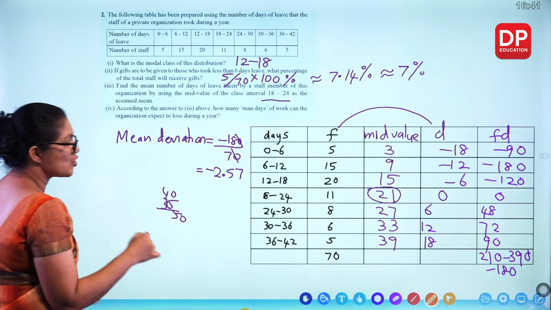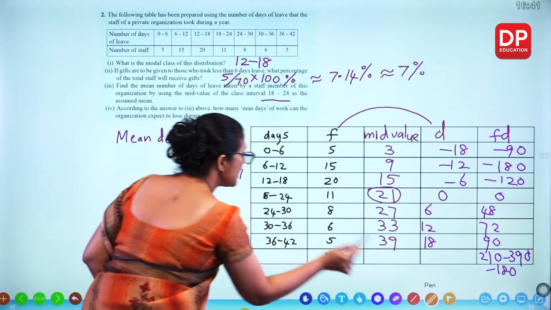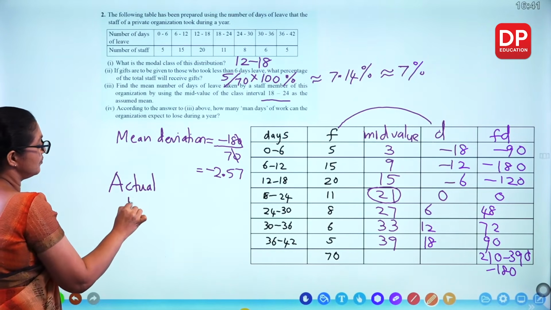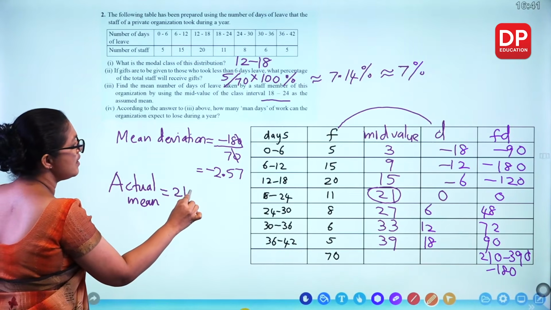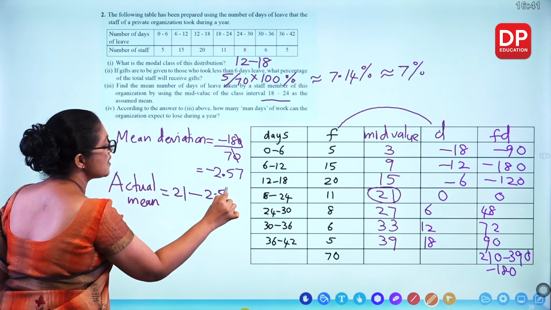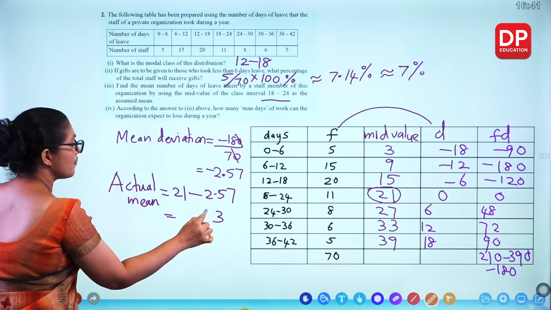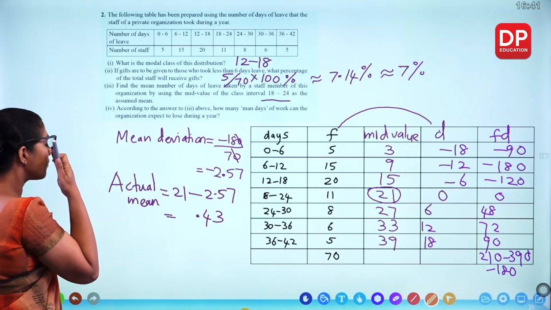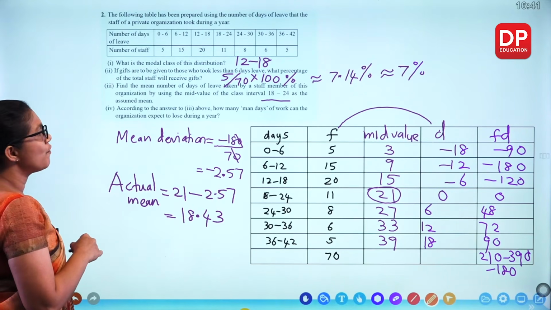Now what's the actual mean? Actual mean is the assumed mean 21, add the mean deviation. This is negative, so we subtract. 18.43.